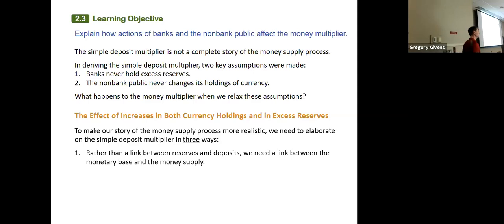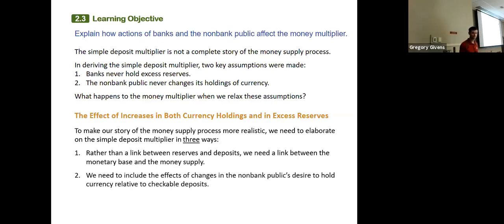In order to derive a more realistic money multiplier, we want to do three things here. First, rather than establishing a link between reserves and deposits, that's what the simple deposit multiplier does, we want a link between the monetary base and the money supply. We're going to derive a formula that shows exactly how that will work.